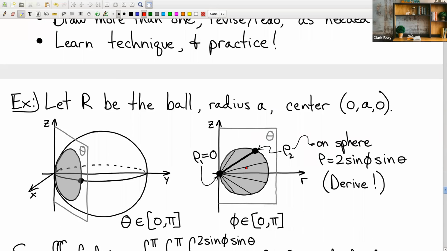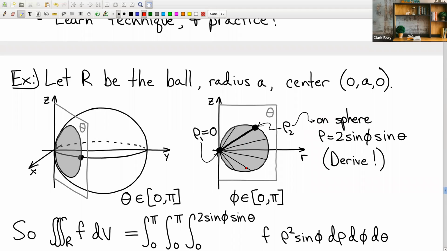Okay. Here's another example, another sphere, another offset sphere, given a radius, offset this time over on the y axis. You just kind of have to go through and play the game. So here's what our theta slices look like.